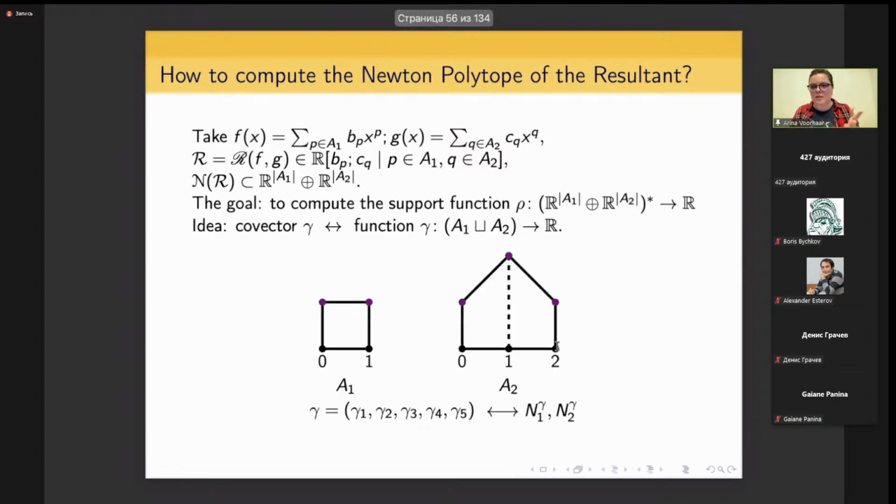What I get is a pair of unions of trapezoids, which depend on gamma, for sure, and which I denote N1 gamma, N2 gamma. Okay? I hope it's not very confusing. So first step: covector, these unions of trapezoids.